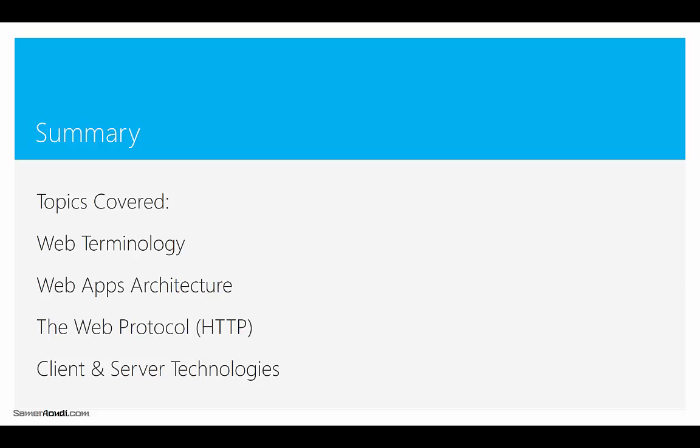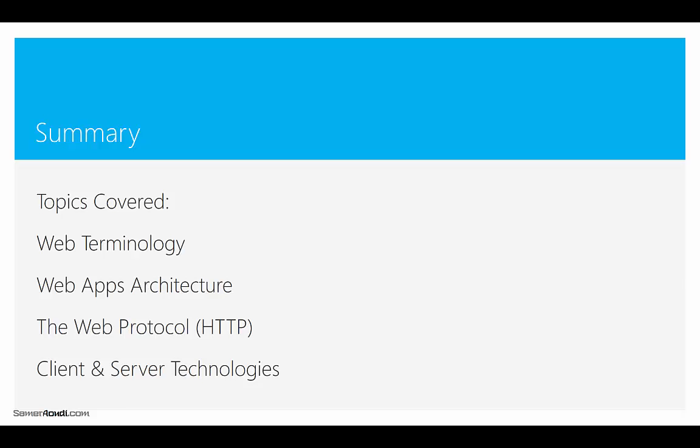We also discussed the web protocol, HTTP. Default port is 80. HTTPS, which is secure. That means the transmission between the client and the server is encrypted while the data is in transit, and the default port is 443. We talked about client and server technologies.